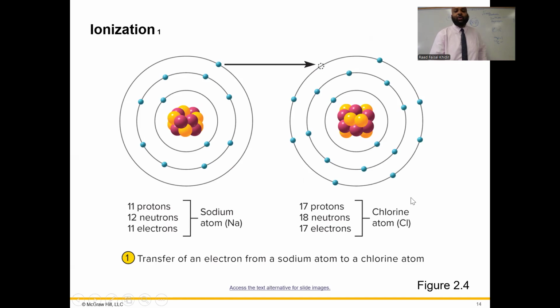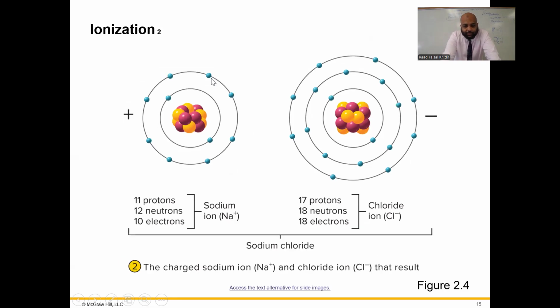So now chloride becomes an anion, and sodium becomes a cation. Sodium becomes a cation.